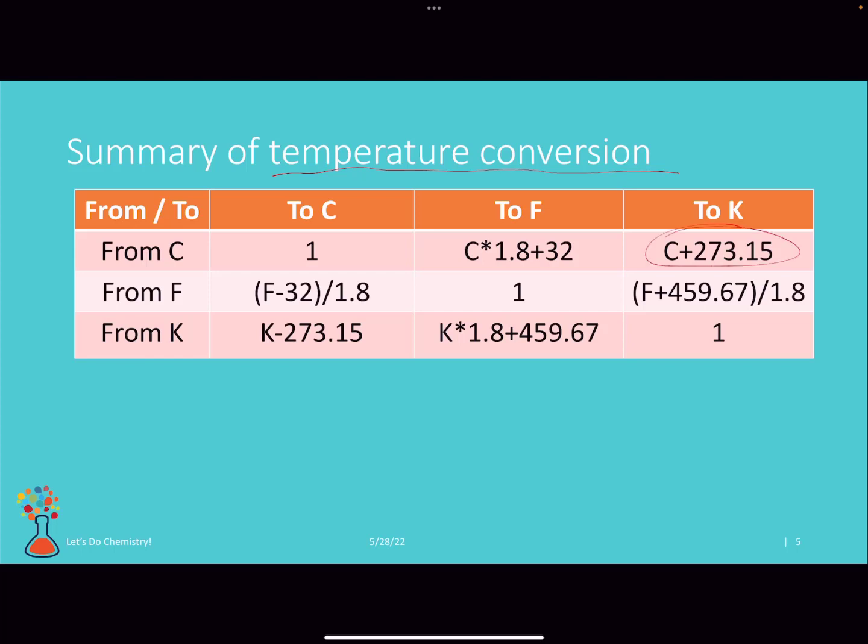Actually, in the previous slide, the second slide, we already mentioned that the size of 1 Celsius degree equals the size of 1 Kelvin. They just have a different offset. Kelvin has a larger number, you just add 273.15.